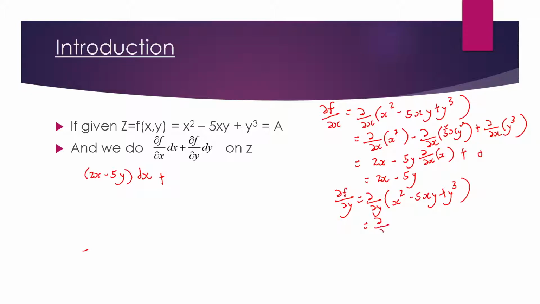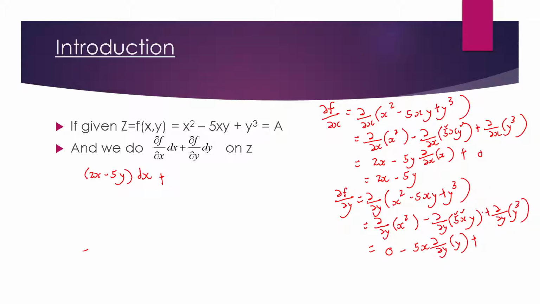Similarly, you have del y of x squared, minus del y of 5xy, plus del y of y cubed. When you differentiate a function of x, which is constant, with respect to y, the result is 0. Then for del y of 5xy, 5x is constant, so you factor it out, and you have negative 5x, and then del y of y.